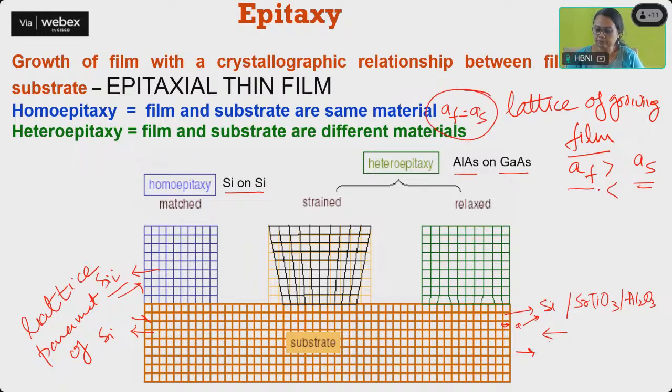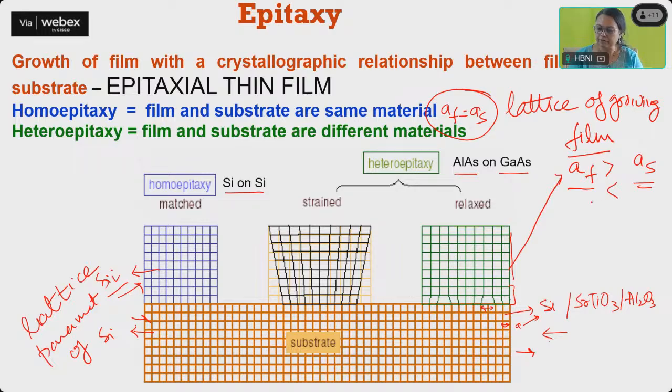If the lattice is bigger for the film, initially it will be strained, then relaxed. There will be some mismatches, so the few initial layers will be relaxed and then it will take up its own value. This is called heteroepitaxy.